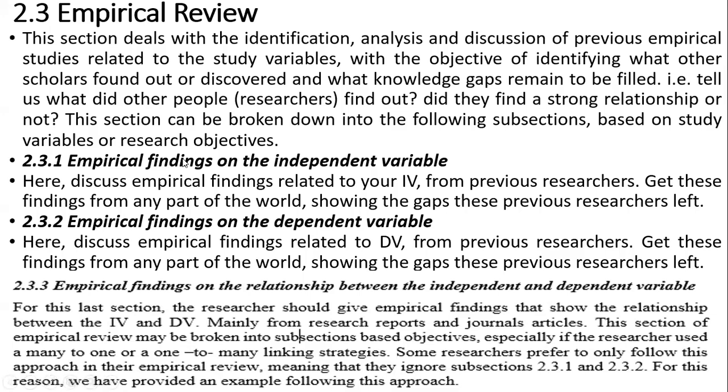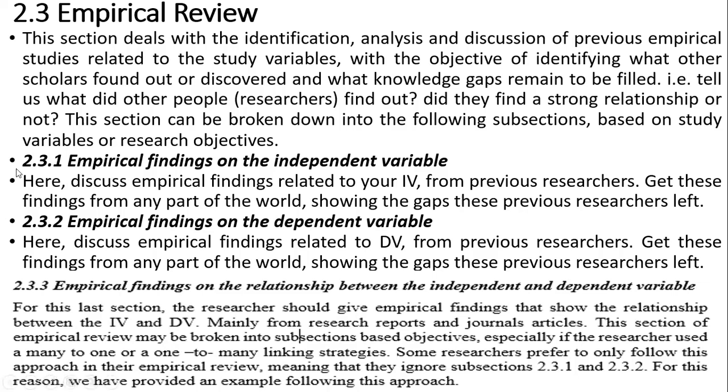We said this section can be broken into subsections following different approaches. The first approach is to follow the variables. This is usually the approach when your approach to objectives was approach number 1, which we called variable measurement and relating.